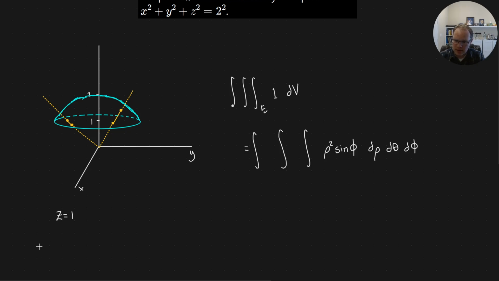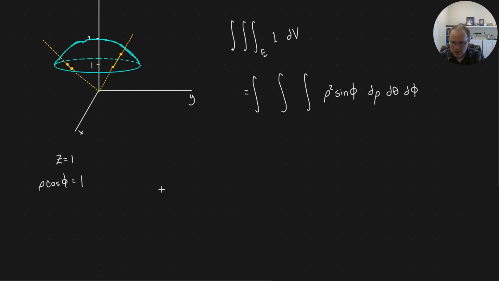In spherical coordinates, z is the same as rho cosine phi. So if I want to isolate rho, I just divide both sides by cosine phi. I get rho equals 1 divided by cosine phi, or rho equals secant of phi. So that's going to be my bottom limit of integration. When rho is equal to secant phi, that's when we hit that bottom plane.